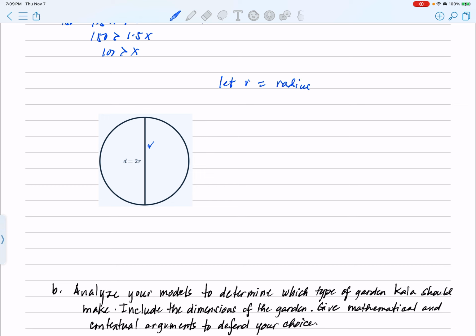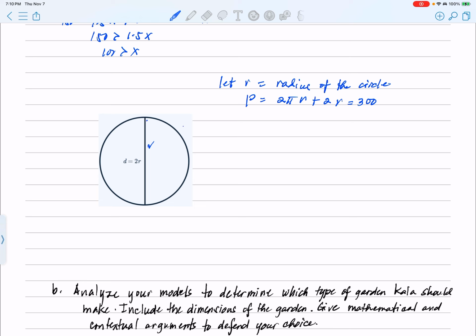Then the perimeter of the circle would be 2 pi r plus 2r equals 300. That is, we have the middle here. This is a 2r. The circumference plus the 2r. That is the perimeter. Since there is one variable, we can solve for r.